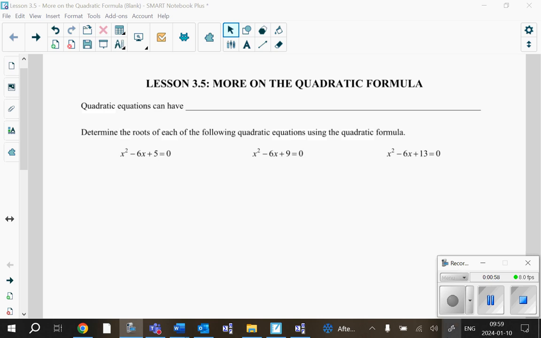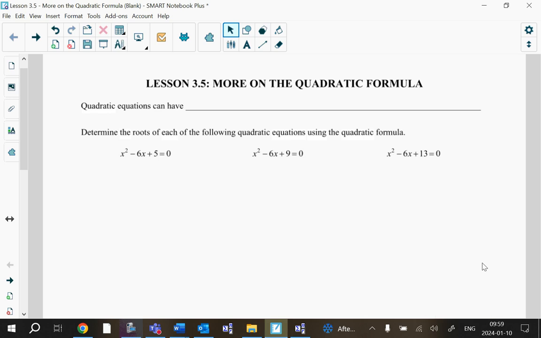Okay, so this one is just a little bit more on the quadratic formula. A lot of times we don't necessarily have to solve a quadratic equation. We just have to state how many solutions there are. Obviously, to figure out how many solutions a quadratic equation has, you could solve the whole thing.